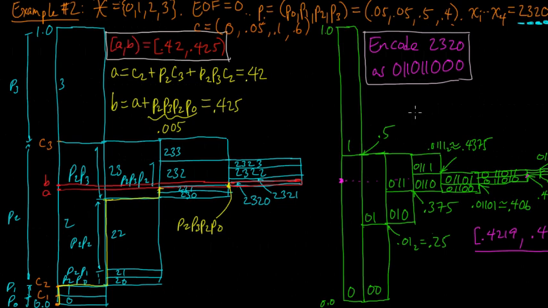And I'd like to mention one thing which we can observe at this point, which is that in general the length of the interval that you end up with, this interval from A to B, is always going to be the product of the probabilities of the symbols in the sequence that you're encoding.